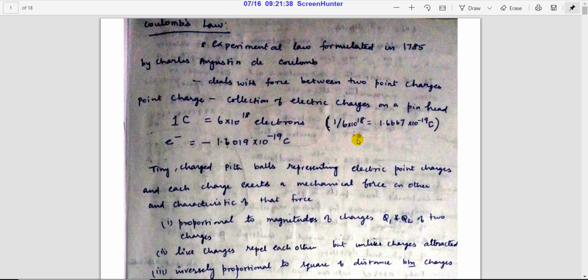Coulomb's law states the force between 2 point charges. This law was found by Charles Augustin de Coulomb in 1785 as an experimental law. How he discovered it, I am uploading in a separate video. In that video, a professor will demonstrate how Coulomb's law was discovered.